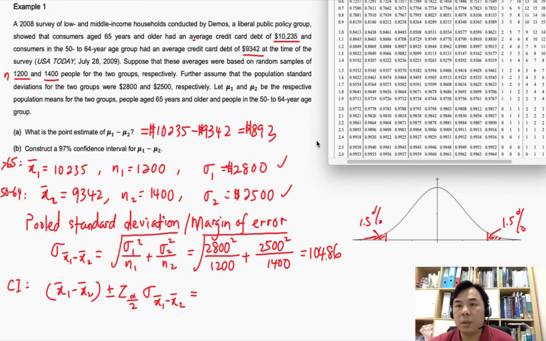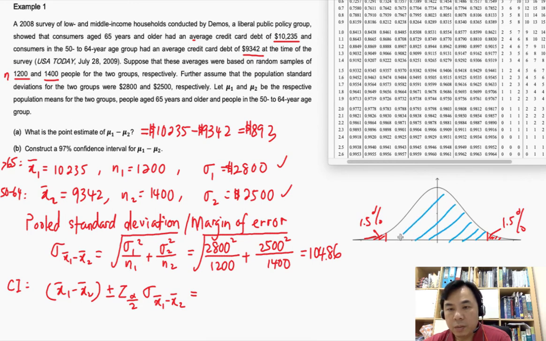all right, from this data booklet we are going to figure out this area here. Because we are interested in the 97% confidence interval, using the standardized normal distribution, this whole shaded region should represent 98.5%.